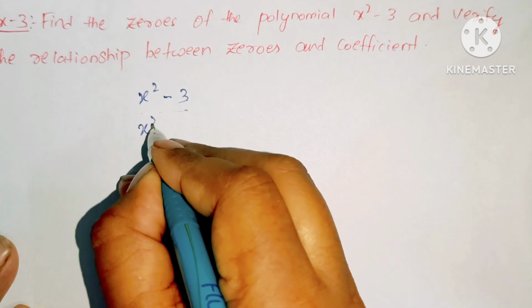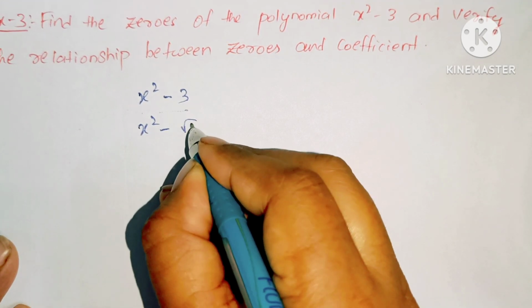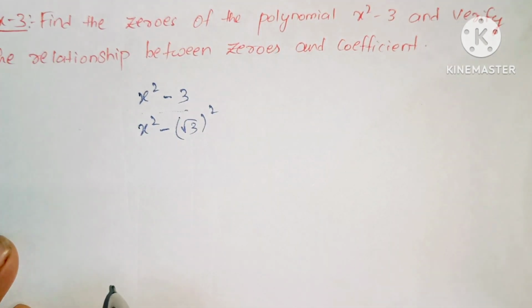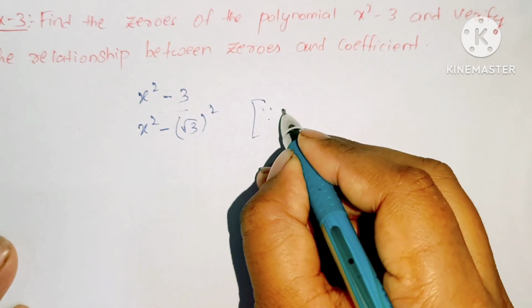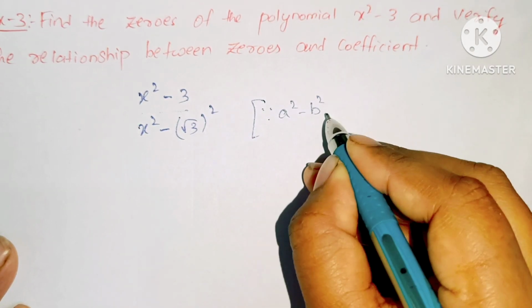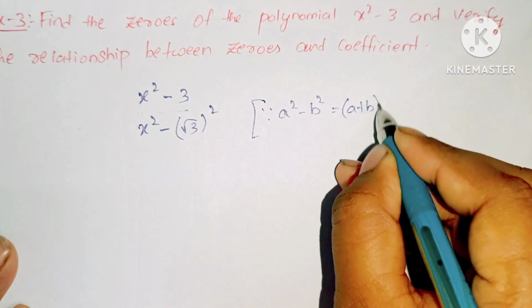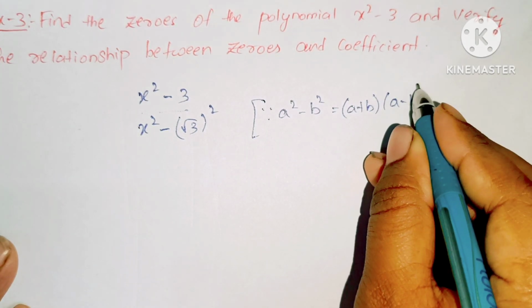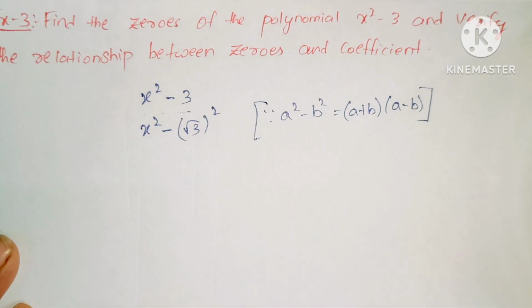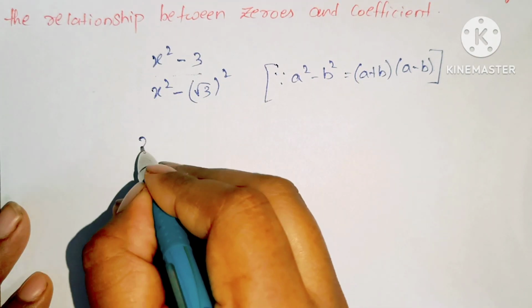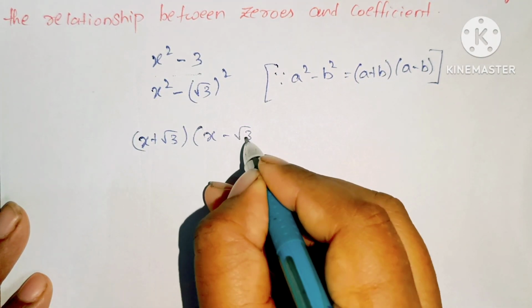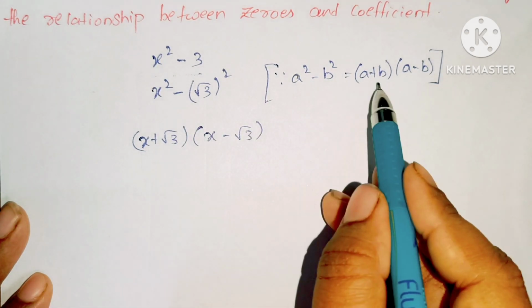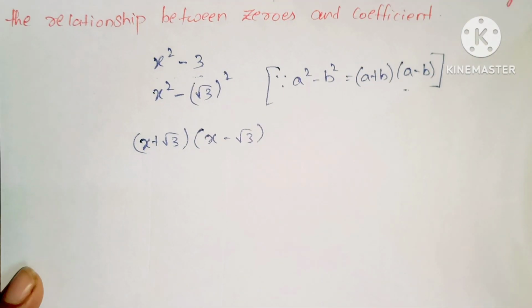So I can write down this in the form of x square minus root 3 whole square. Okay, so you can see this was in the form of a square minus b square. What is the formula? A plus b into a minus b, right? So you can write x plus root 3 into x minus root 3. Okay, I wrote this in the form of a plus b into a minus b.